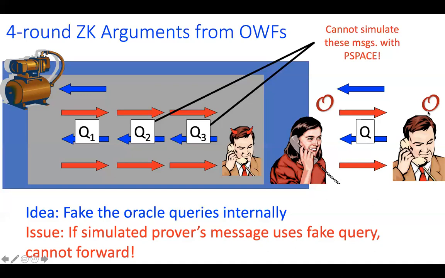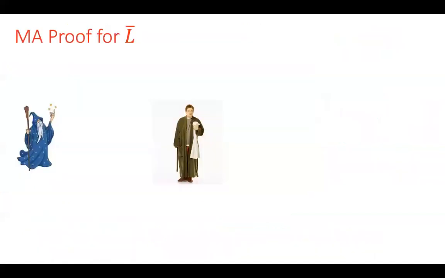Our approach here is just to say, okay, let's call this event a bad event. The event is bad if, when I forward this outside, it makes the outside verifier make a bad query. Now I'm going to tell you how the MA proof system for the complement of L is going to work.